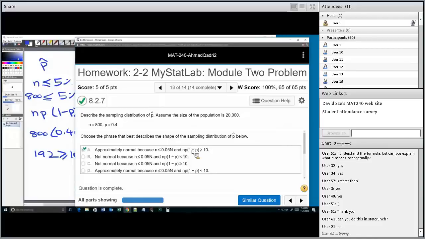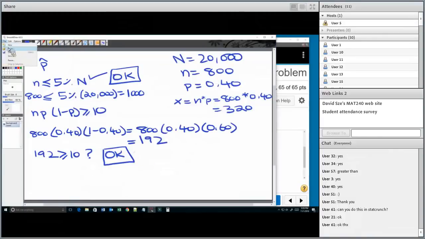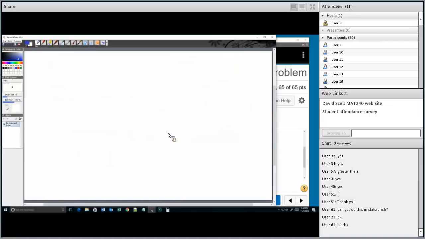Okay, so now that that's true, I have to tell you, before we do this, what the mean and the standard deviation are when you have p hat. So now that we said if both the conditions hold, then you can use a normal model, we can use a normal distribution.